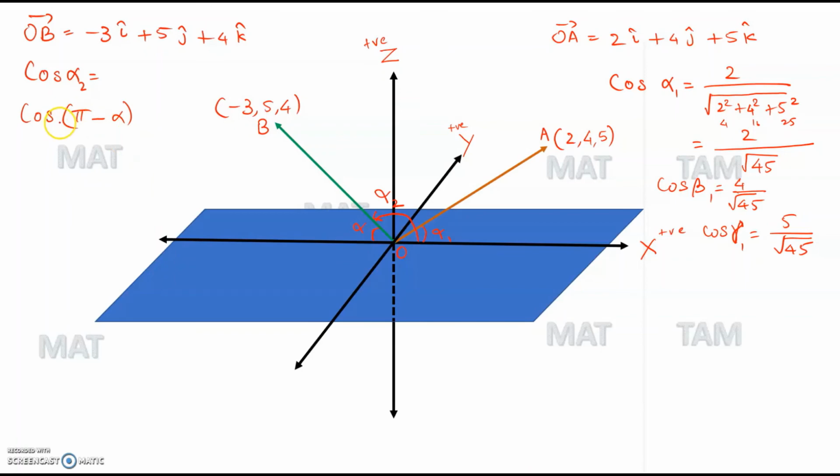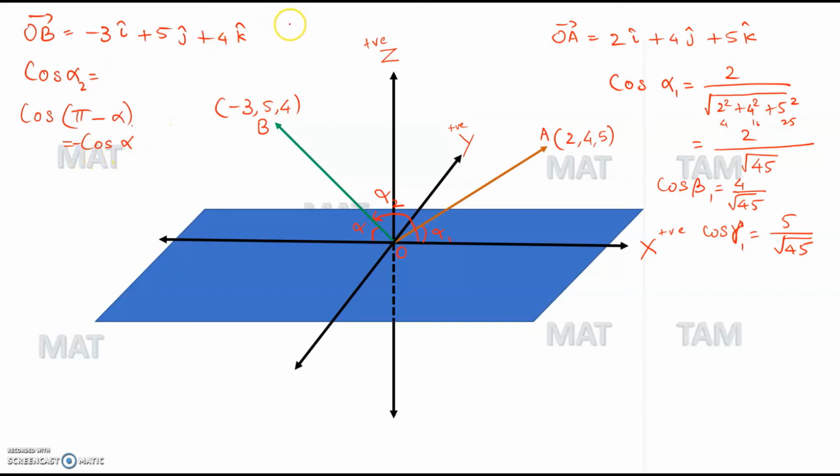So cos of pi minus alpha is equal to minus cos alpha. You can see that if the value of the x coordinate is a negative value, your direction cosine will also be a negative number.